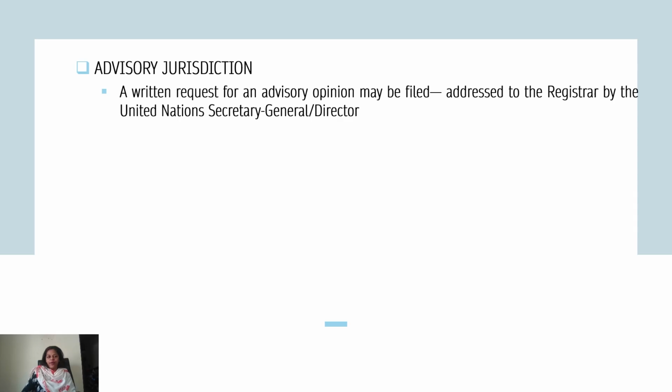So, a request in writing may be given for an advisory opinion of the court, and this request may be given to the registrar by the United Nations Security Council, United Nations Secretary General, or the director. The Secretary General or the director may address a letter to the registrar, and this letter may be a written request seeking an advisory opinion of the International Court of Justice.